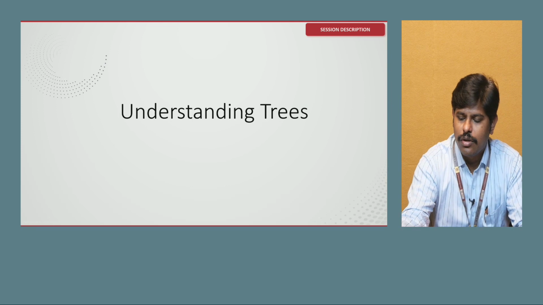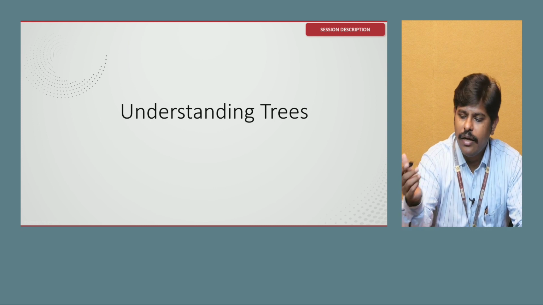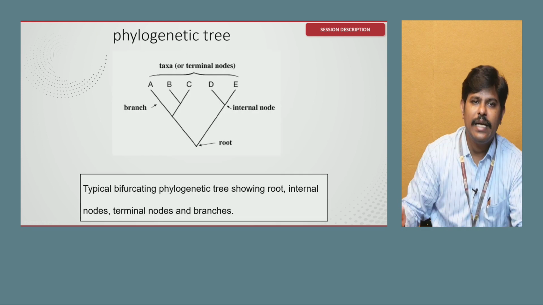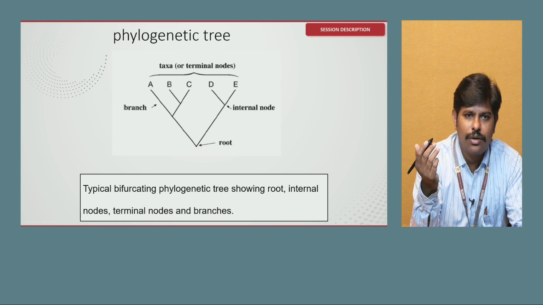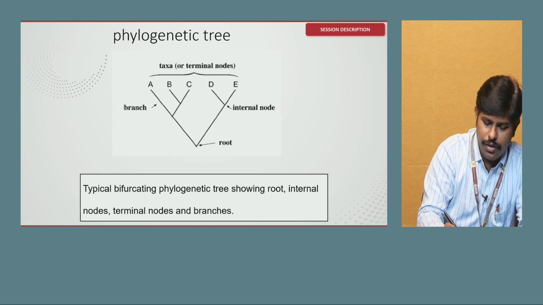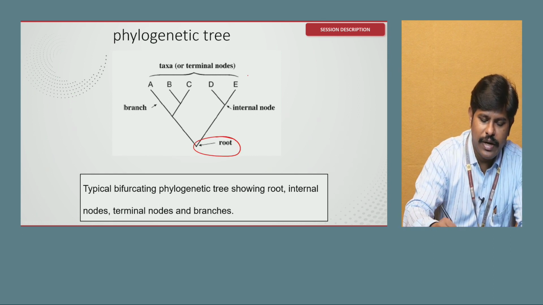Okay, so in phylogenetic trees there are 2 types of trees, rooted tree and unrooted tree. Any tree, whether rooted or unrooted, will have leaves, branches and a root. The root is the starting point or origin. From this, branching will happen.